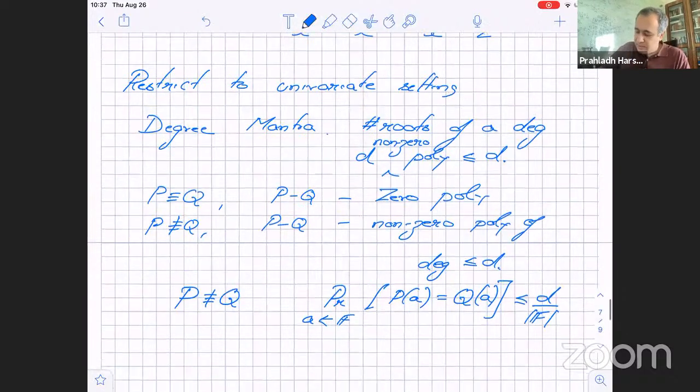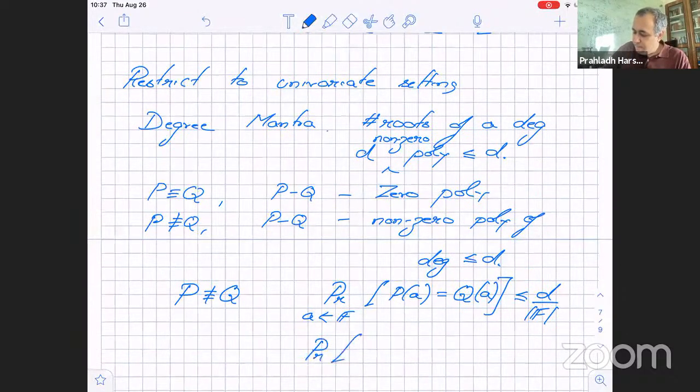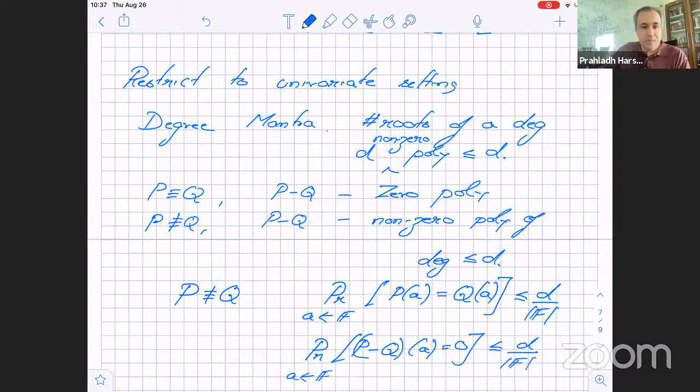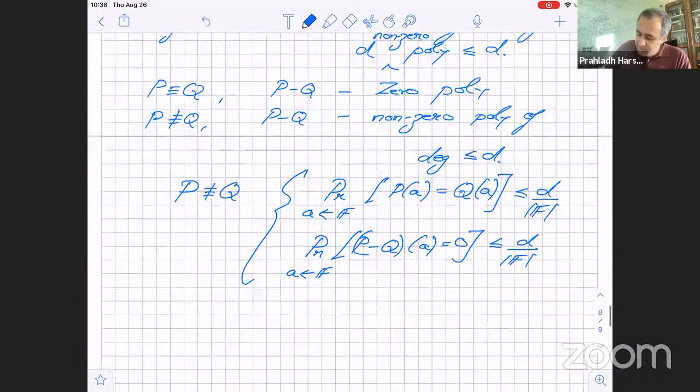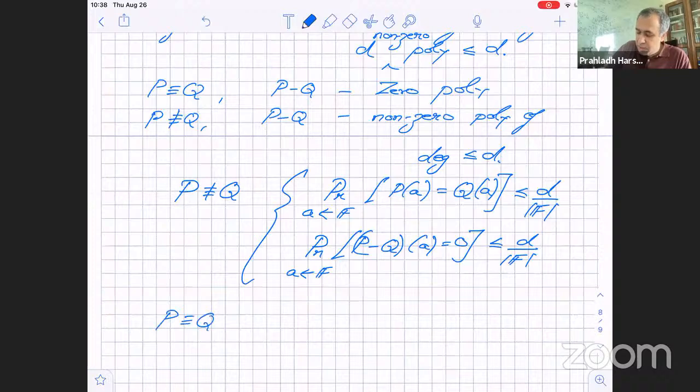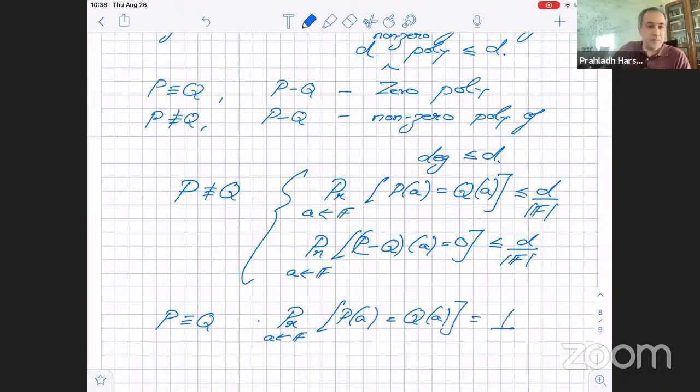This is the same as the probability that p minus q evaluated at point a is 0. When p is identically q, certainly for every point a in F we have p(a) equals q(a). This happens with probability 1.